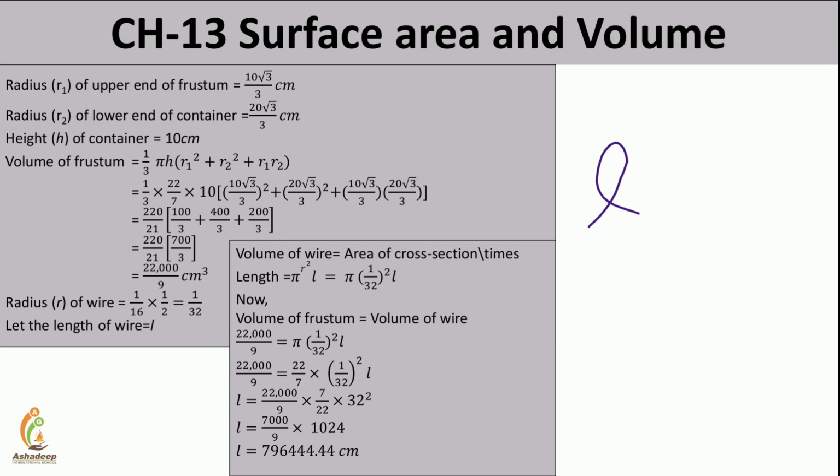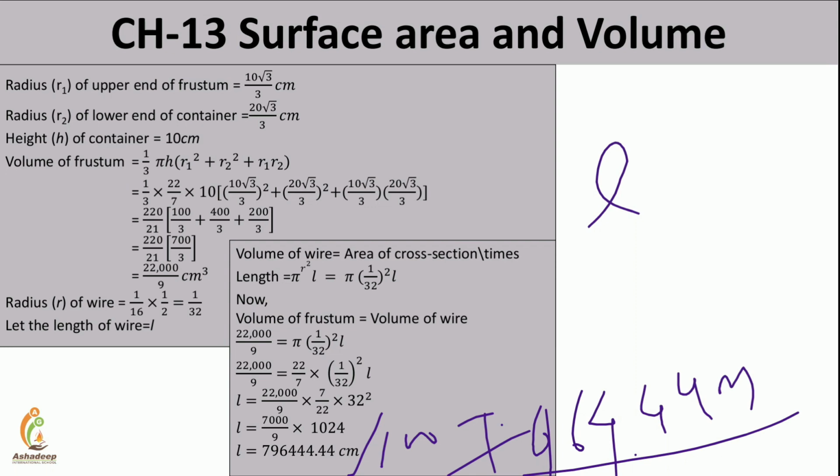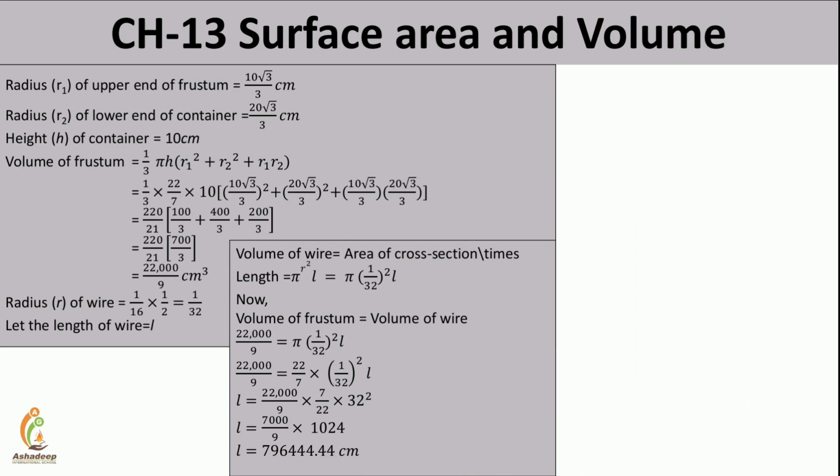It is in centimeter, so you simply divide it by 100. And what is the answer? 7964.44 meter. Sometimes it is asked what is the length of the wire in terms of meter, then at that time you need to convert the centimeter into meter. But if it is not specified, otherwise it is fine.